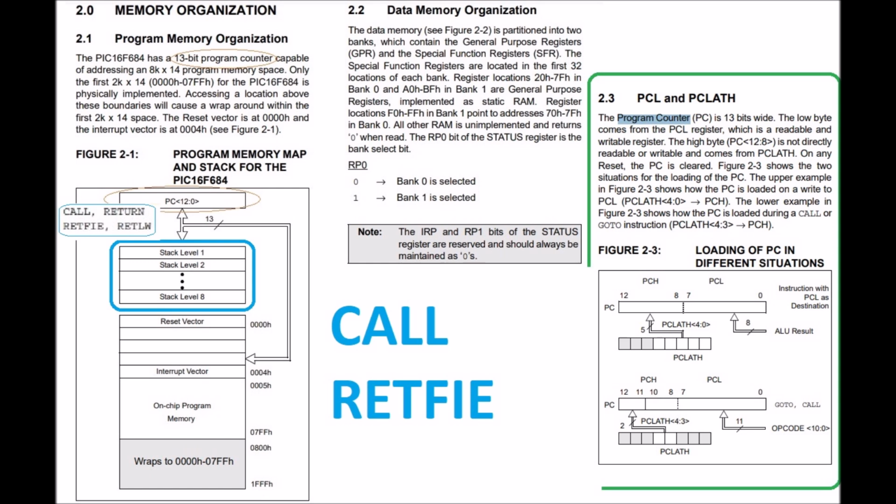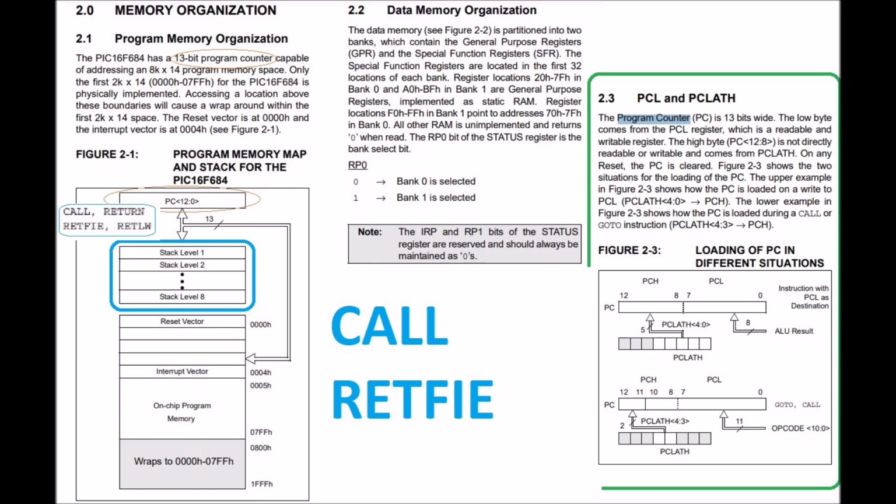Limitations. The stack depth is limited to 8 levels. This means that if more than 8 nested subroutine calls or interrupts occur, the stack will overflow, potentially leading to incorrect program execution.